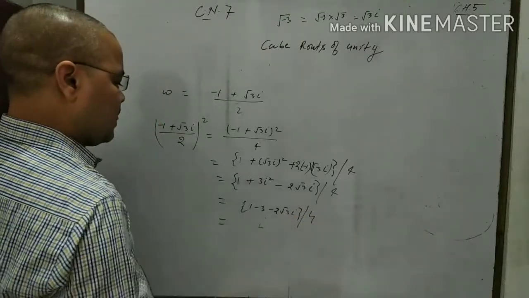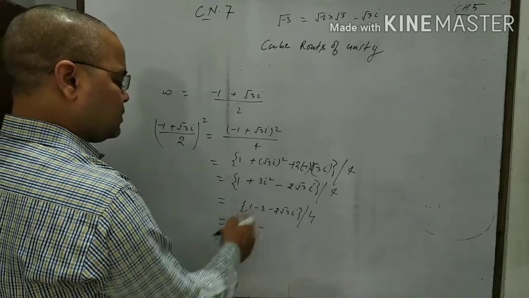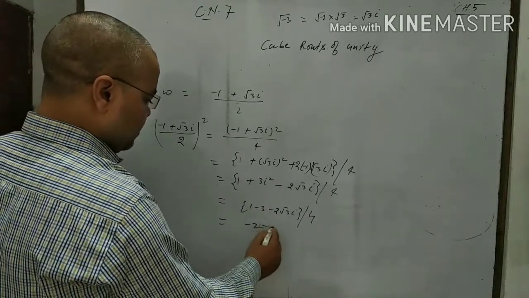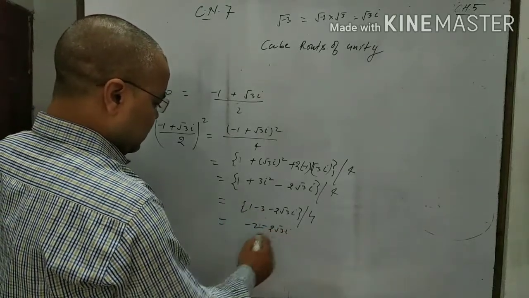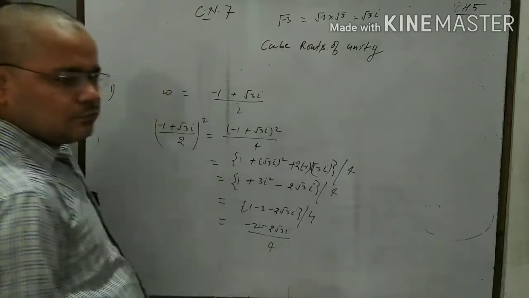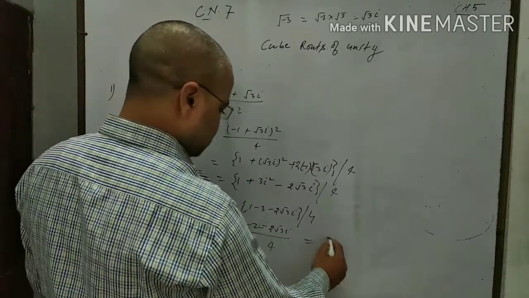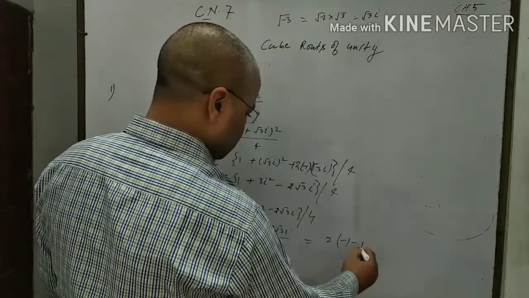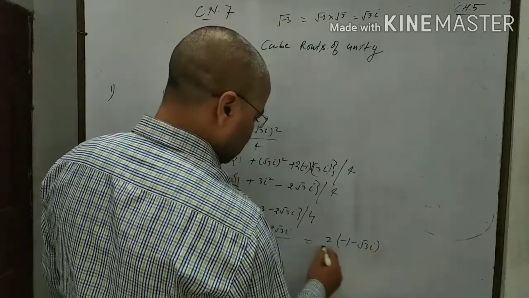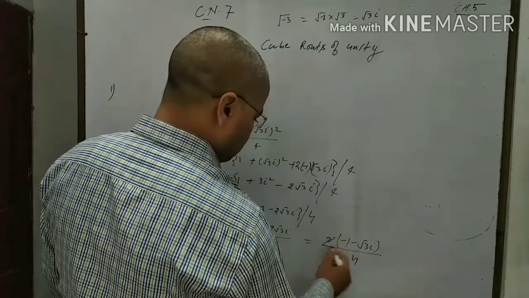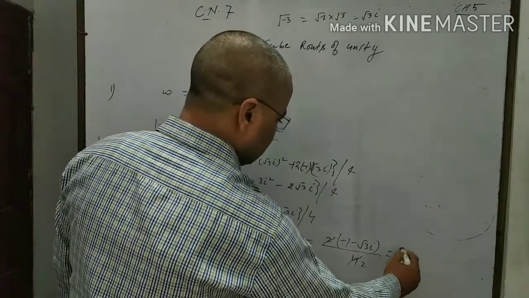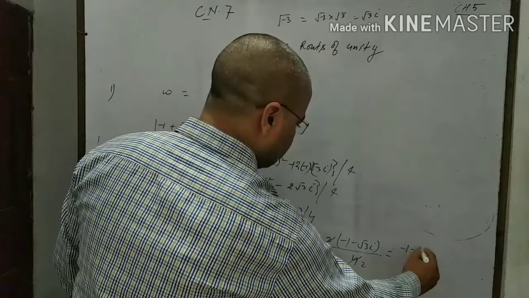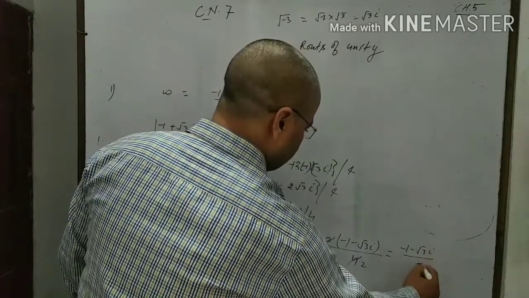Now 1 minus 3 means -2 minus 2 root 3i by 4. Now take common 2, it will be -1 minus root 3i upon 4, 2 1 2, 2 2 4, its value will be -1 minus root 3i by 2.